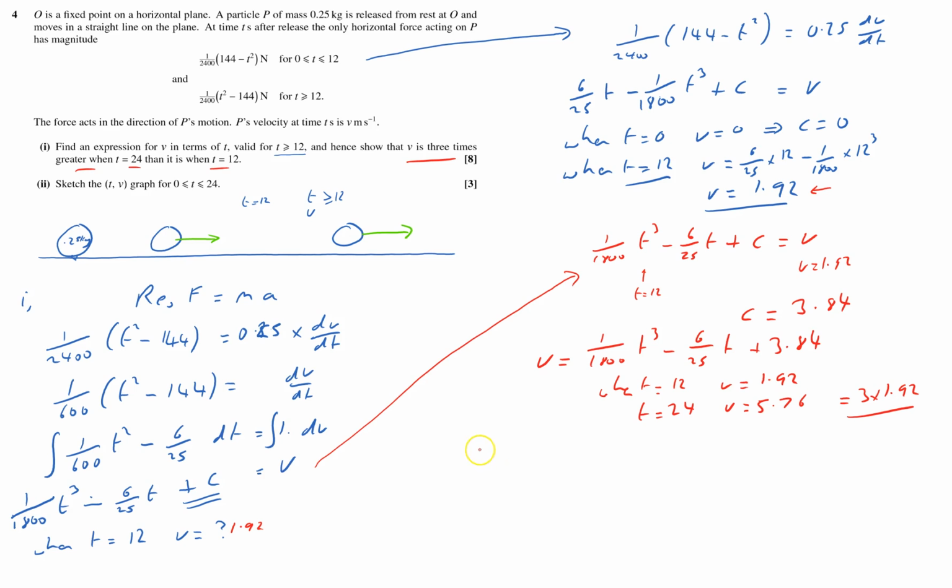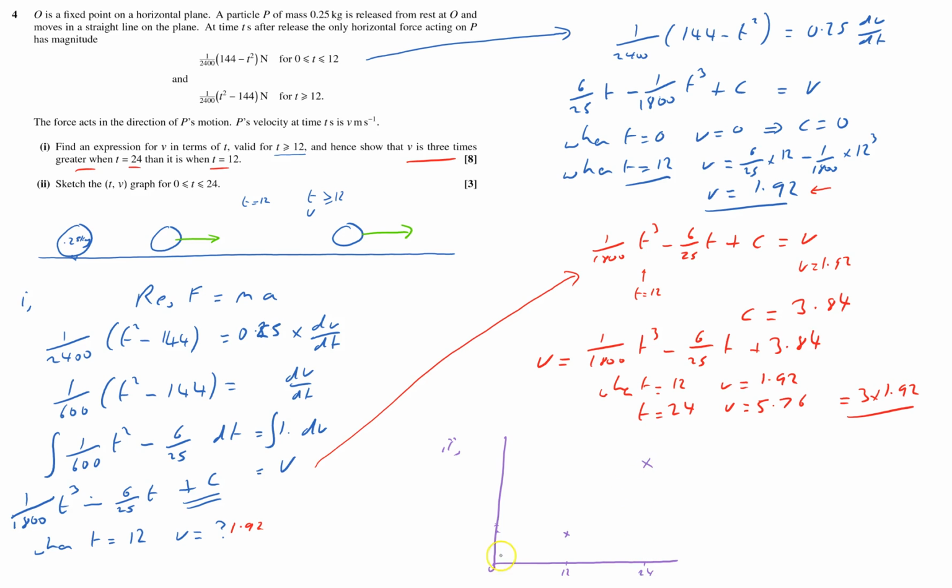And finally, the last part I'm going to do in purple, because I can. I'm going to sketch the velocity-time graph, from 0, I'll put 12 in here, and 24. We know the velocity at 24 is 3 times the velocity at 12, so if it goes through that point, it's got to be 3 times as high. 1, 2, 3.